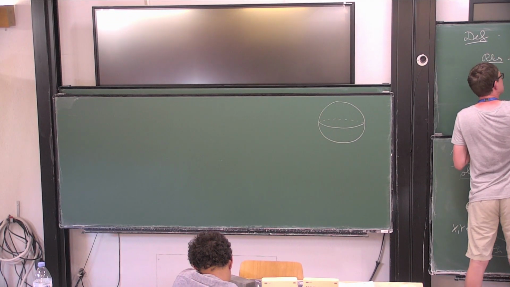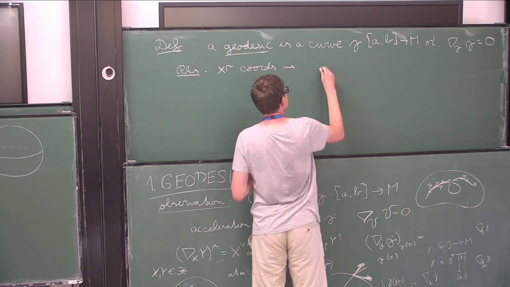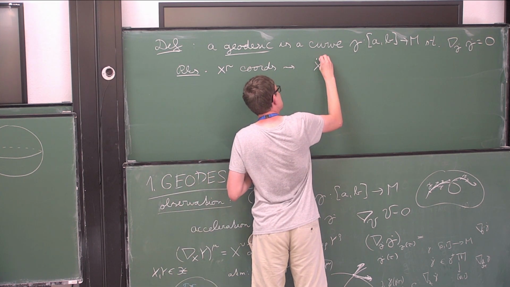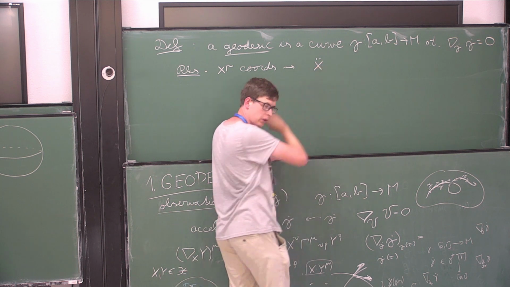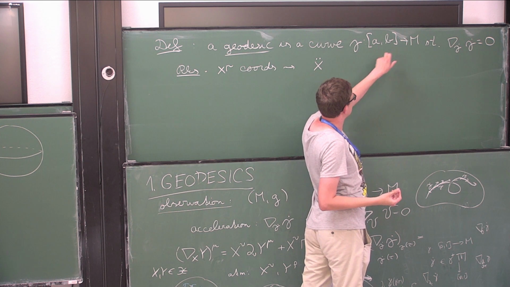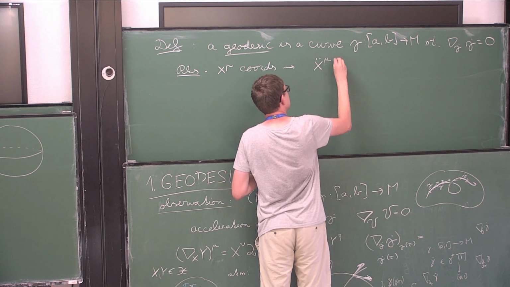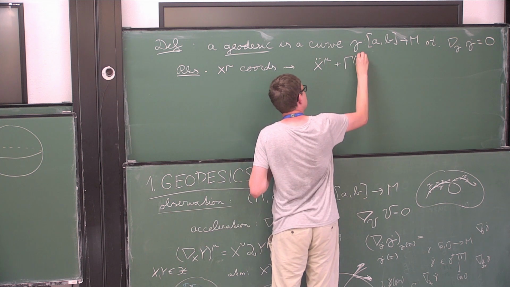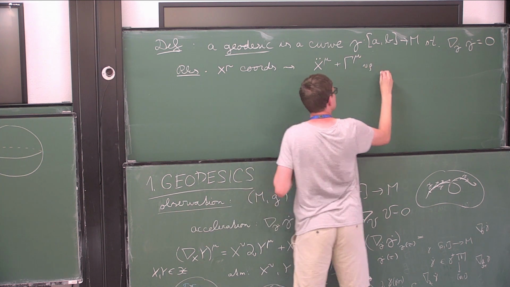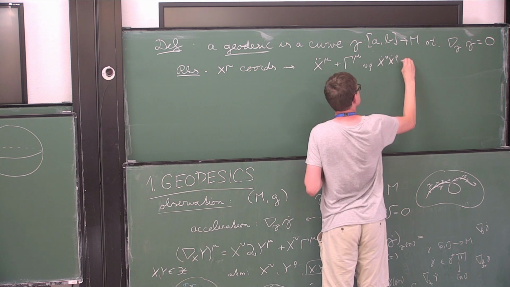The first remark is that if you pick coordinates x mu, then you can write down very explicitly what the equation is. It looks like this: x double dot, remember it's just the derivative with respect to time, time is now the parameter of the curve, plus Gamma mu nu rho x dot nu x dot rho equals 0.